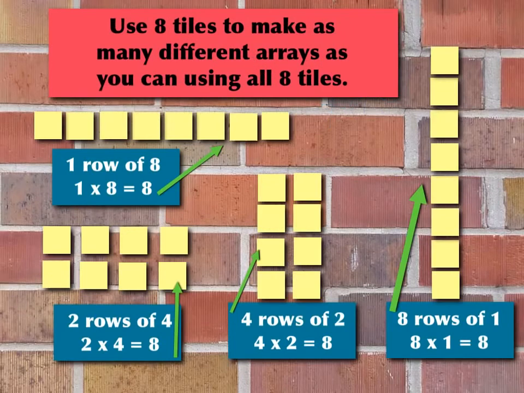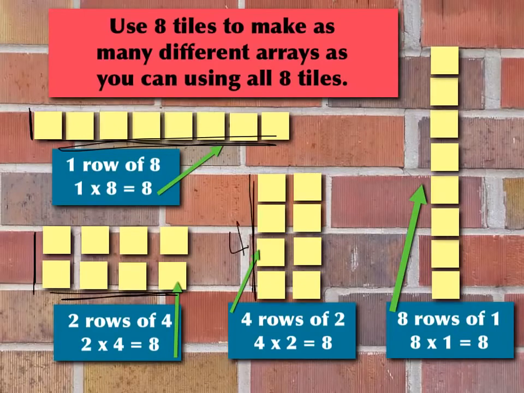So using those same 8 tiles, we made 4 different arrays. We made as many different arrays as we could by using all 8 of the tiles. In this one, we used 1 row of 8, and we got 1 times 8 is 8. In this one, we used 2 rows of 4, and that gave us 2 times 4 is 8. In this one, we used 4 rows, and then there were 2 in each row.